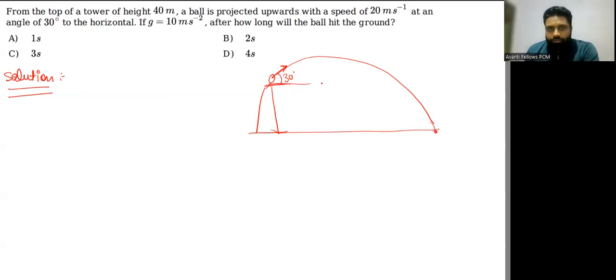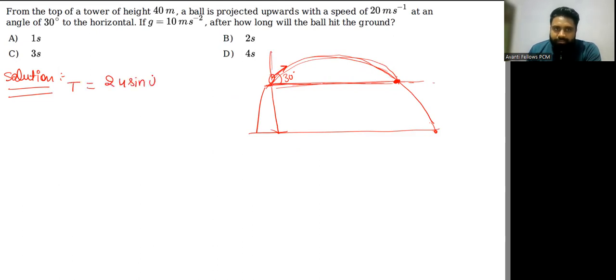Firstly, we calculate the time for this motion up to here, because this is a parabolic motion, and see the time taken by this projectile to reach the same level as the tower. Since this is projectile motion, we know the formula that the time of flight is given by 2u sine theta by g.